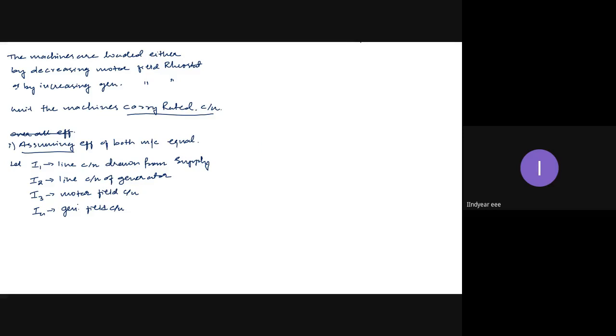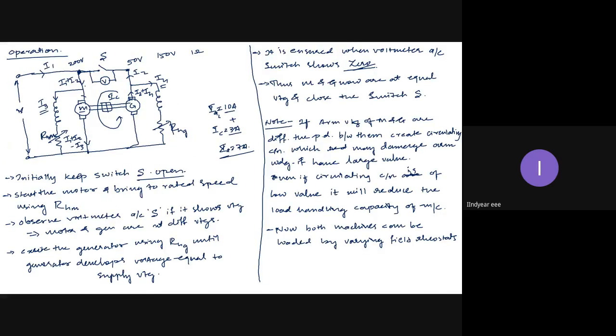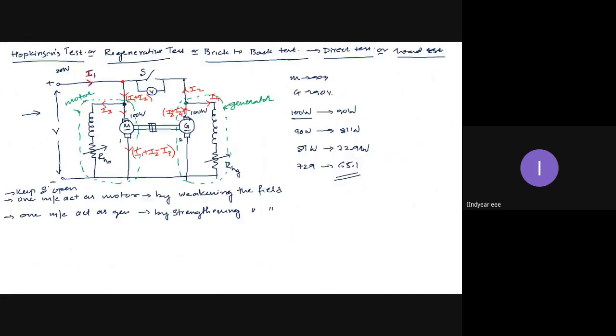Now the line current of the motor, observe from the circuit diagram. This is the motor. The line current of the motor is the current coming into the motor, including armature and field, which equals I1 plus I2.